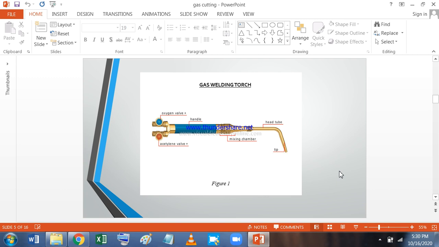So the blue one is oxygen and the red one is acetylene or LPG. Both these gases come to the mixing chamber and proper mixing takes place there, and it comes to the end of the tip. Now when we burn, the flame will be generated at the end of the tip.